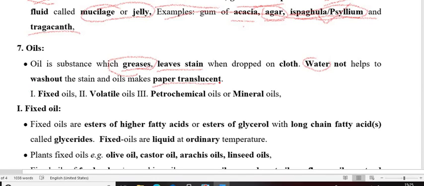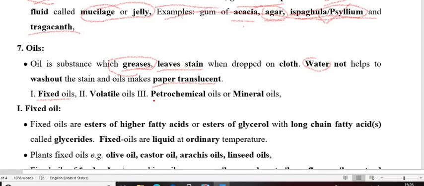Oils are of three types based on their volatility at room temperature. If it is liquid and non-volatile, it is called fixed oil. If it is volatile, it is called volatile oil.